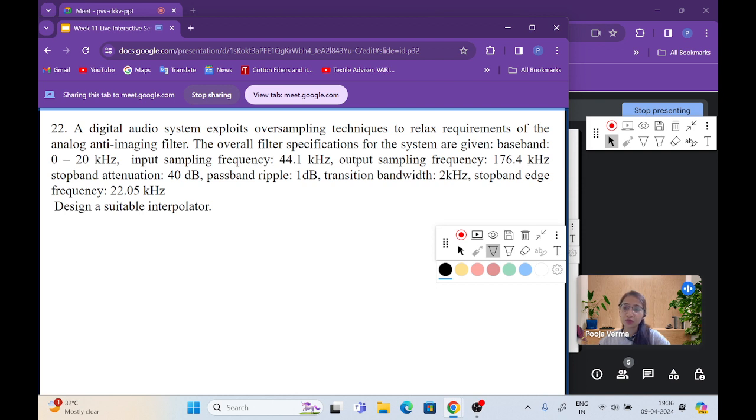So what we need to do is design a suitable interpolator. How can we design the interpolator?